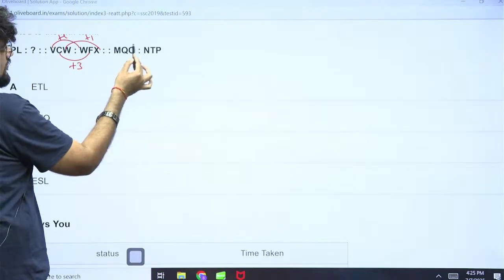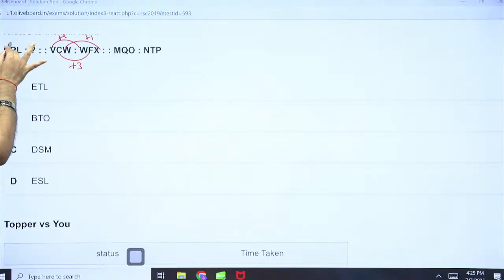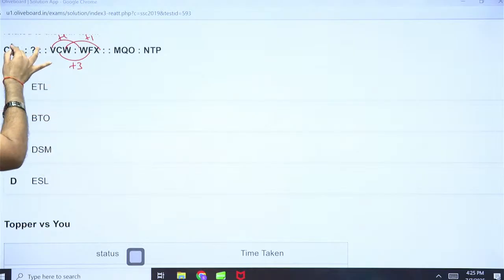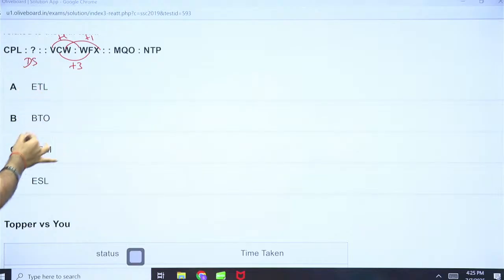Just confirm it from here. 17, 20 plus 1 plus 1. Yes, right. So instead of C we'll have plus 1, that is D. For P we'll have plus 3, that is 19. So DS, option C is the correct answer.